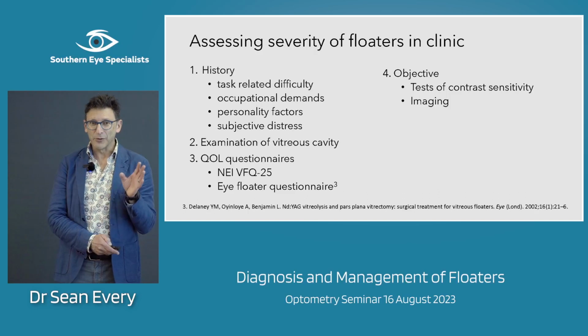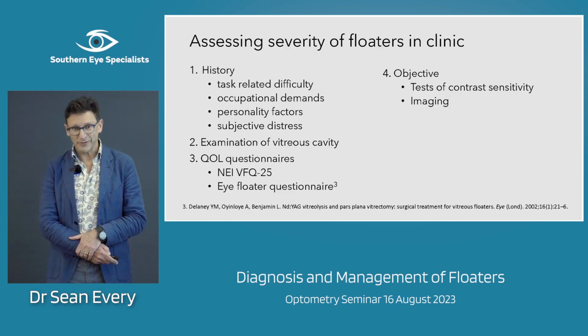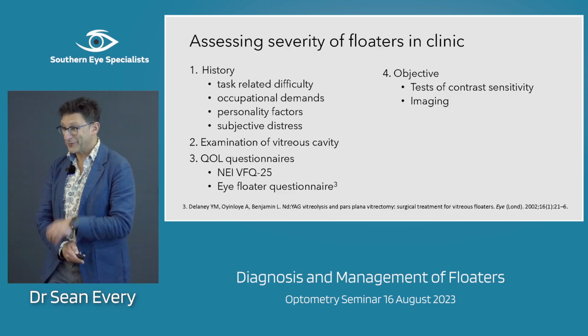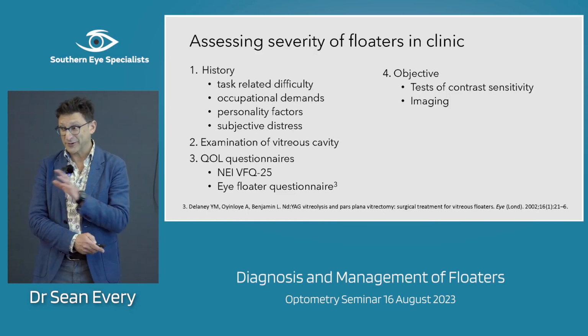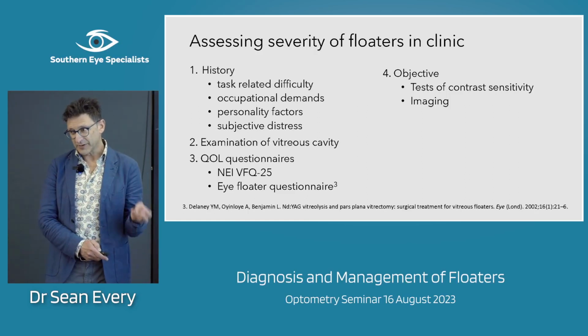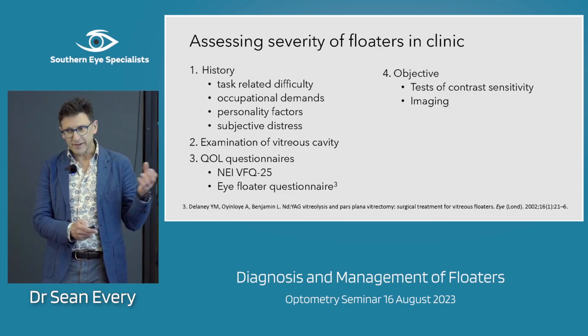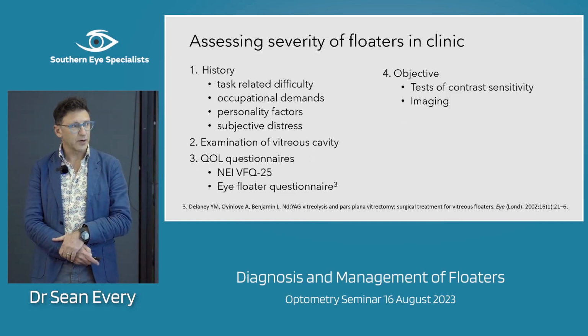Sometimes when I see someone with floaters and we're talking about whether they'll come back and see me in 3 months' time if they're still bothering them, I say to myself, note to self, they're going to be back in 3 months' time, because you can just tell from their personality type how particular they are, how discriminating they are, how bothered they are about it. And then that kind of distress that goes with it as well.